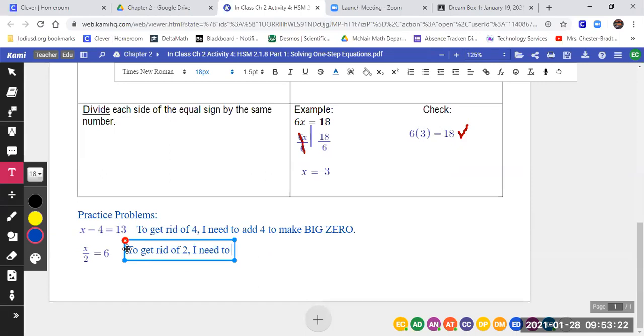We need to multiply by 2 to make, which one are we making? Big 0 or big 1?